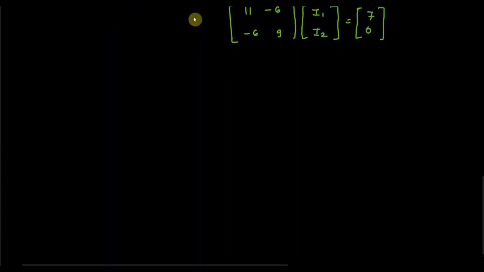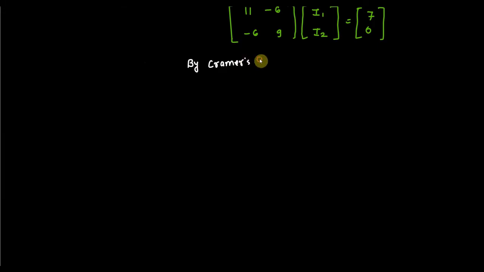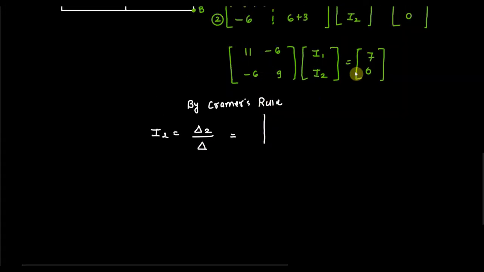So I simply use Cramer's rule, which we already studied. By Cramer's rule, the value of I2 is simply delta 2 upon delta. How do you get delta 2? Just replace the second column with the voltage matrix.